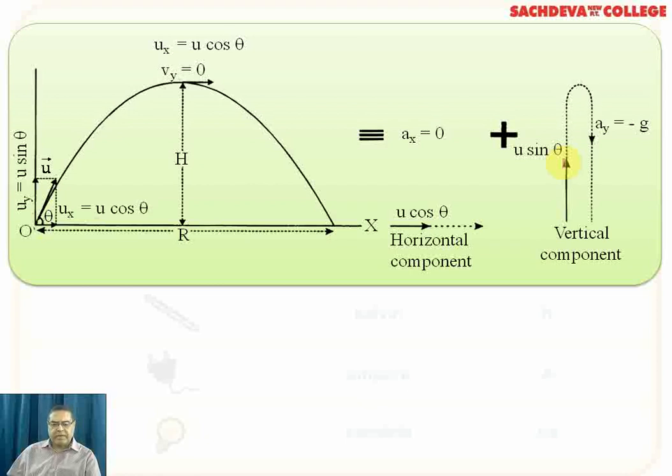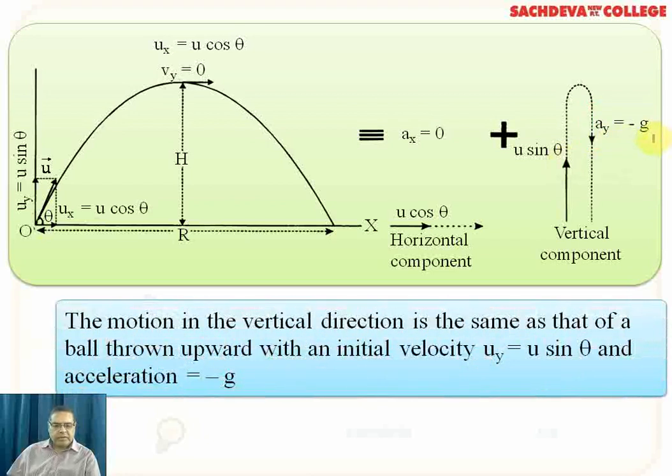Therefore, we have taken ay equal to minus g. The motion in the vertical direction is the same as that of a ball thrown upwards with initial velocity uy equal to u sin theta and acceleration minus g. The point is that the time of ascent must be equal to the time of descent.